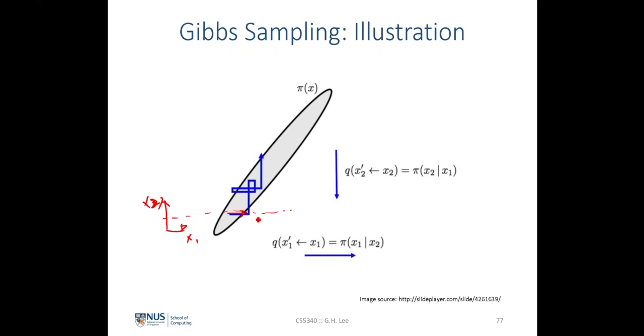When we sample for x2, we hold x1 constant, and this is the direction that we'll move. So we continue to move in this orthogonal direction to the axis, while we draw samples from the target distribution until we are done with the number of samples.